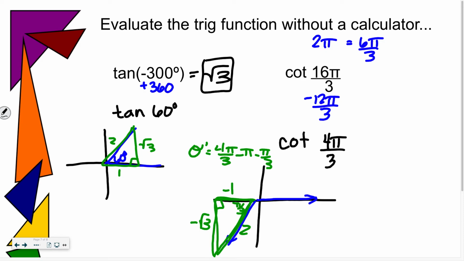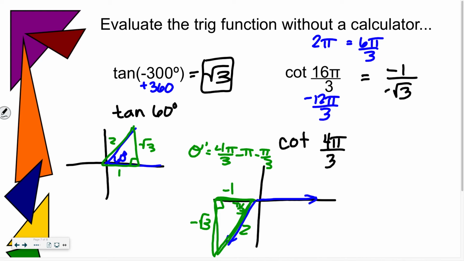what values will I use? Which one goes on top? Negative 1, the adjacent side, or the x, over the opposite, negative square root 3, or the y. It's x over y, or adjacent over opposite.